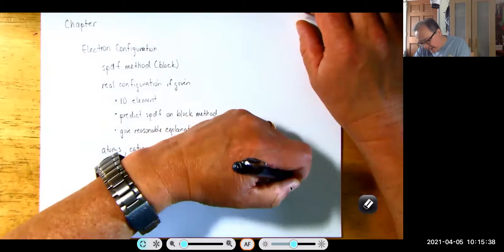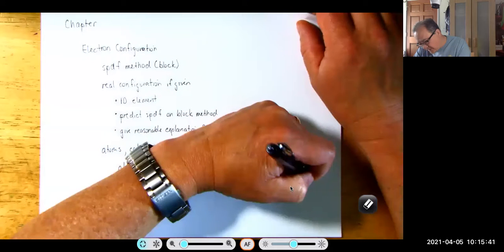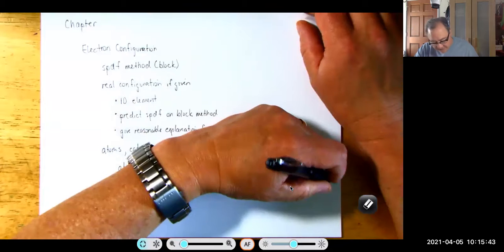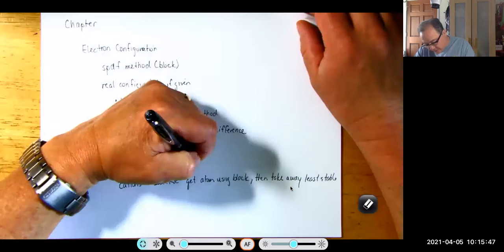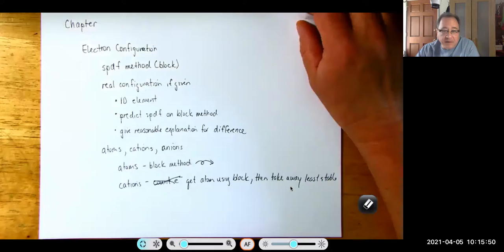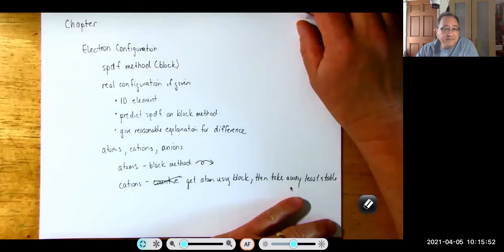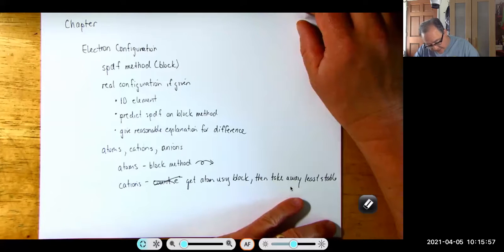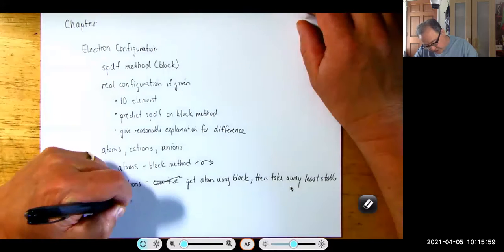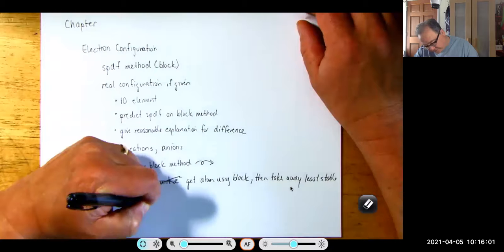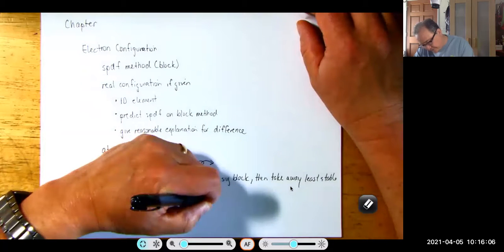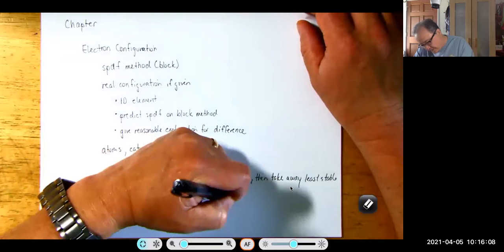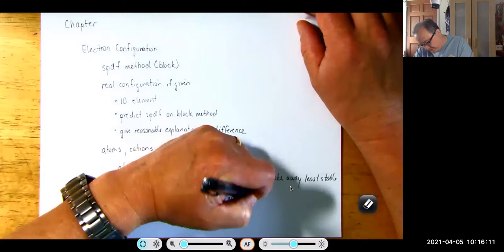Take away the least stable. Now, for the atoms, we should probably mention that with the block method, sometimes you have to rearrange. And so I'm going to put my little pigtail there. For anions, it's usually the same as the noble gas in the same period.